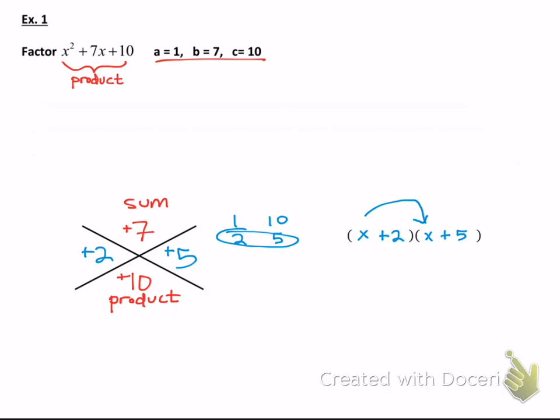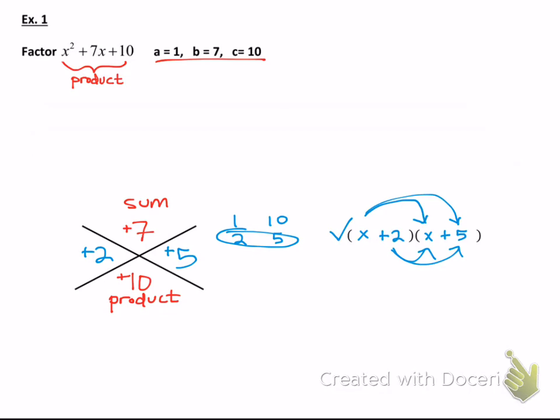So if I were to check this, x times x would give me x squared, x times 5 gives me 5x, plus 2x, which is 7x, and then 2 times 5, which is 10. And so this checks out. Okay? So here you're looking for two numbers that multiply to 10, which is our C, and add to 7, which is our B.